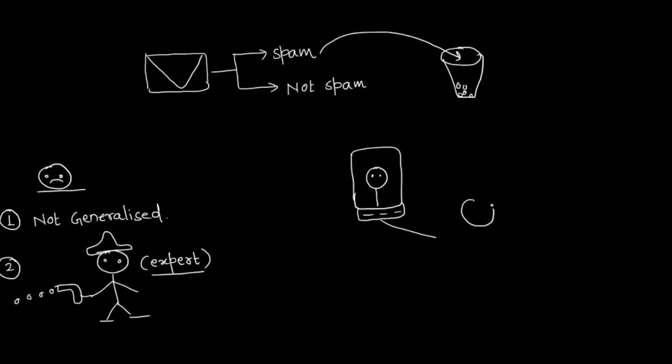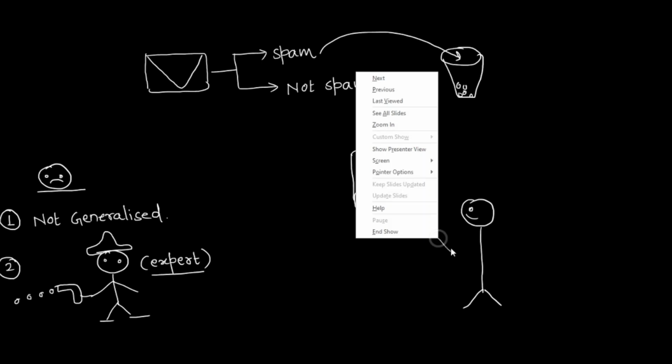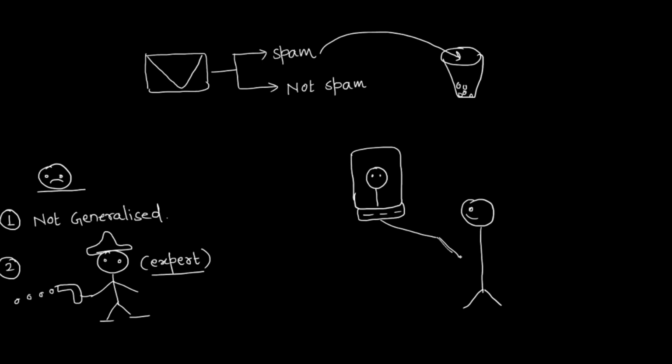But this was not the case before. Face detection was an unsolved problem until 2001. And there is a proper reason behind that. So this is one example of face detection.